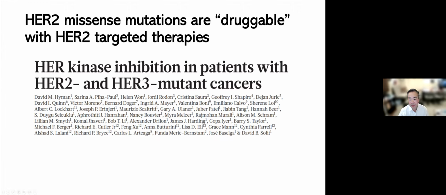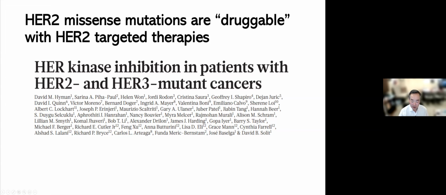But this was a study put out by the Memorial group a number of years ago in Nature called the SUMMIT trial, and it really did show that you could use a drug called neratinib, which is a tyrosine kinase inhibitor, in patients with HER2 missense mutations. They also included HER3, but there weren't that many patients who had HER3 missense mutations, and you didn't really see a signal using neratinib, which is a pan HER family inhibitor.